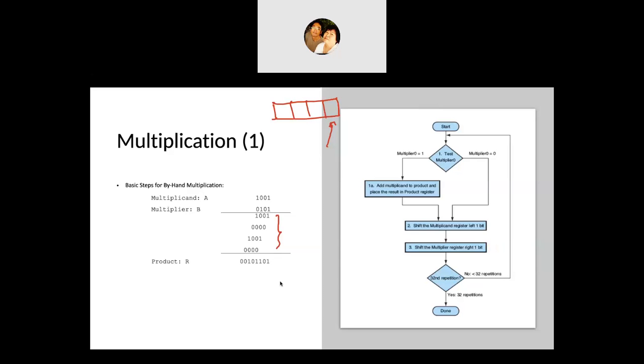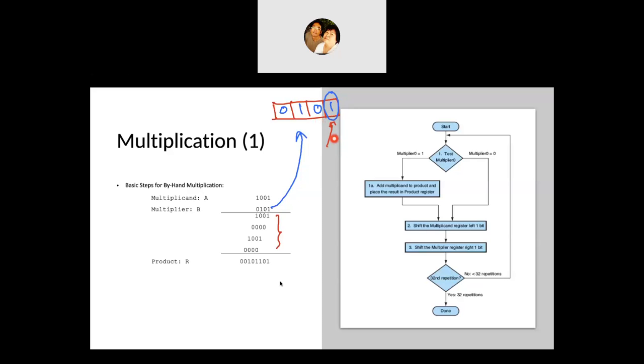Why do we have to shift right the multiplier? Because let's say if you have 0, 1, 0, 1 here, the first time we use this bit, but the next time we don't want this bit anymore, we want this bit.